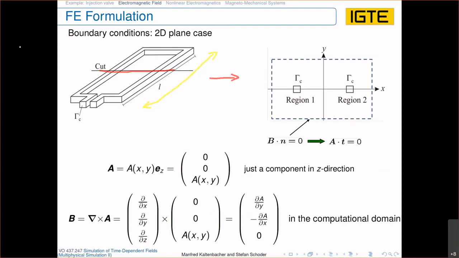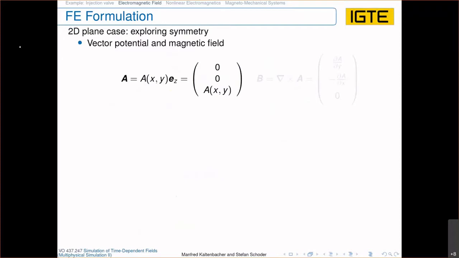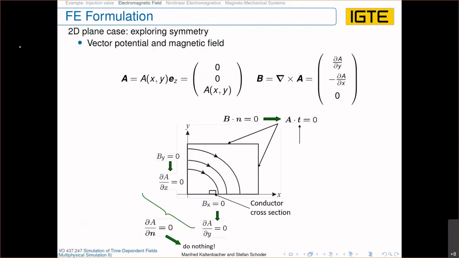Okay, now if we want to exploit symmetry, I have just rewritten here the relation we have, how the magnetic vector potential A looks like, and the magnetic flux density computed by the curl of A. And now what we can see here is the following. I have exploited a symmetry according to such a quarter here.